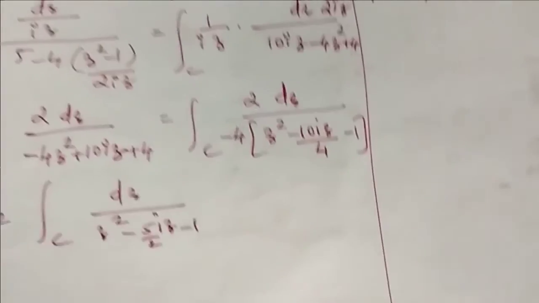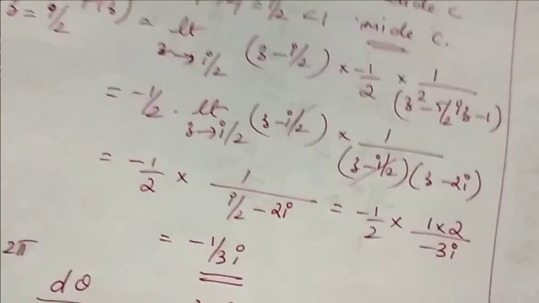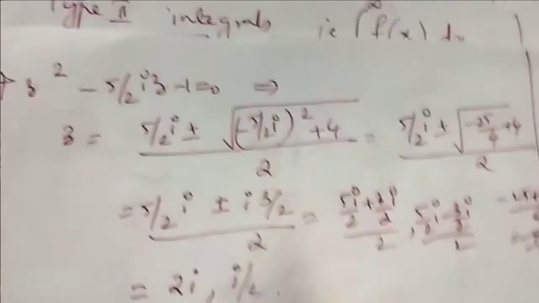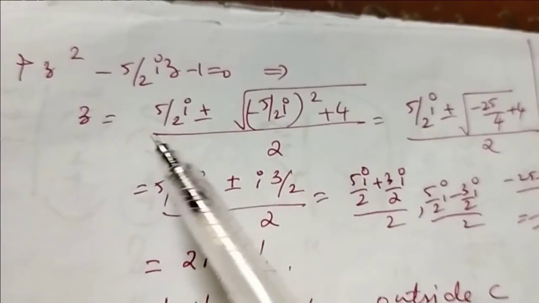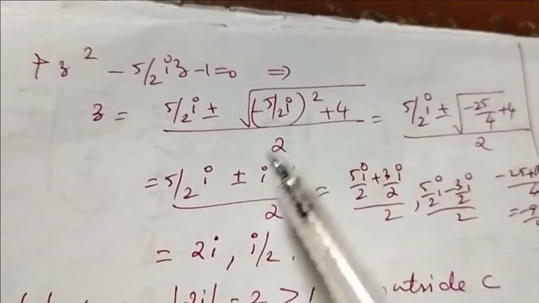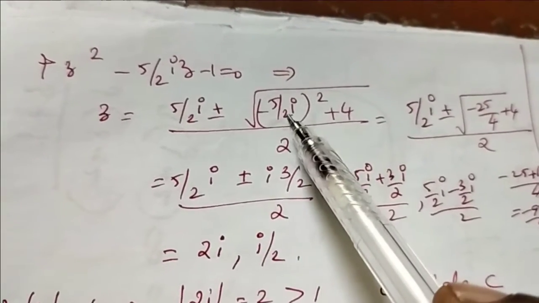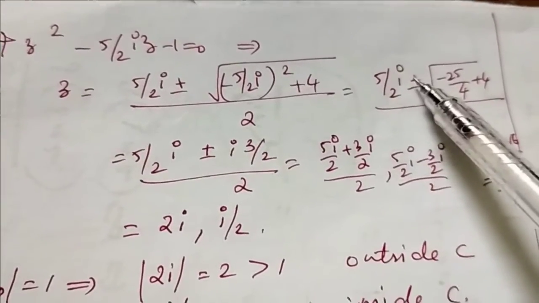Then to find the singular points, for that, put the denominator as 0, that is z square minus 5 by 2 iz minus 1 is equal to 0. What is z? It is a quadratic equation, so minus b plus or minus root of b square minus 4ac by 2a. So 5 by 2i plus or minus root of minus 5 by 2i the whole square plus 4, whole divided by 2.